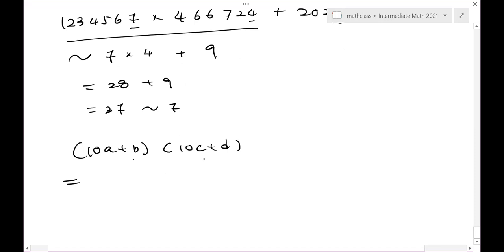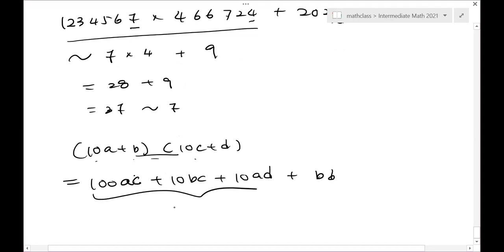So that's a 2-digit number times a 2-digit number. 10 times 10 is 100ac, then 10bc, then 10ad, then b times d. And clearly this part is divisible by 10.